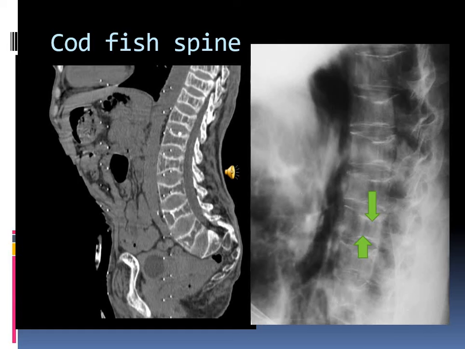Normally it should be rectangular in appearance, while here we can see a concavity in the upper end plate and in the lower end plate, as demarcated by the green arrows, and this makes the disc space in between the vertebrae look larger than it really is. So this is the diagnosis of codfish spine on radiology.